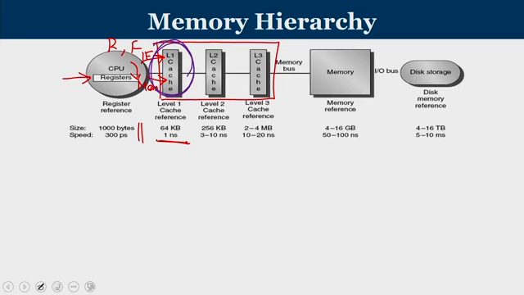And then we have a little bit larger next level cache, that is called your L2, which will take close to 10 nanoseconds or even slightly more than that. It will be roughly in the order of 256 KB or 512 KB, and sometimes it can be up to 1 MB as well. And some processors have the third level of cache, that is the L3 cache. Whatever be the case, we have a terminology which is called LLC, last level cache. Last level cache can be either L2, if that is the last cache hierarchy that you have on the chip, or sometimes L3 cache as well.